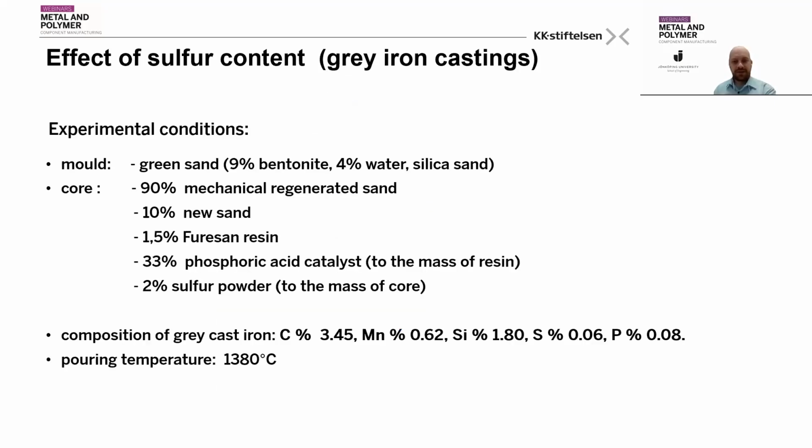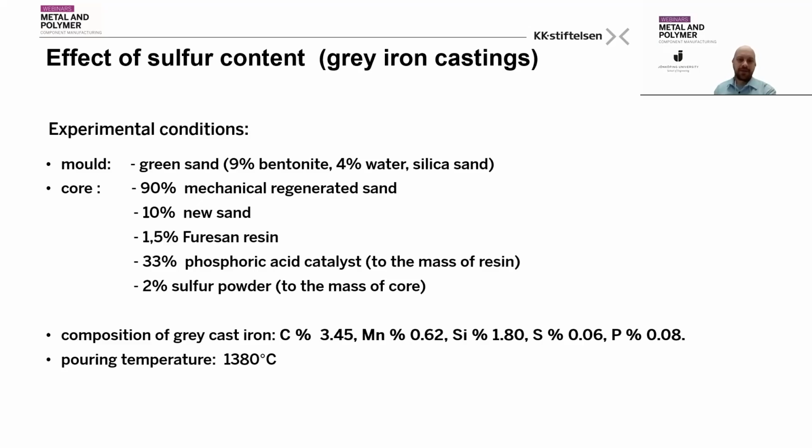So during this case study, we have picked sulfur as the focus, because sulfur is an element which is surface active. It can influence the surface tension of the molten metal. So it's quite interesting what sulfur can do to the penetration and how it helps or does not help penetration.